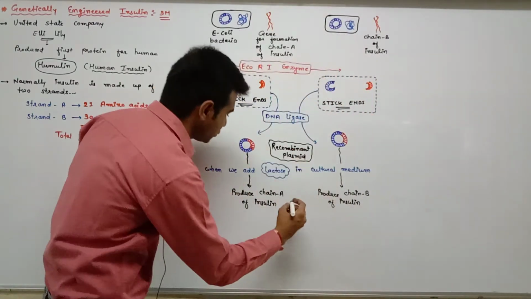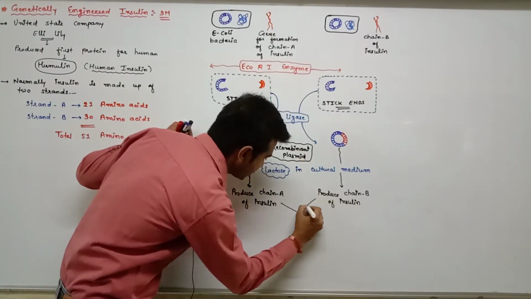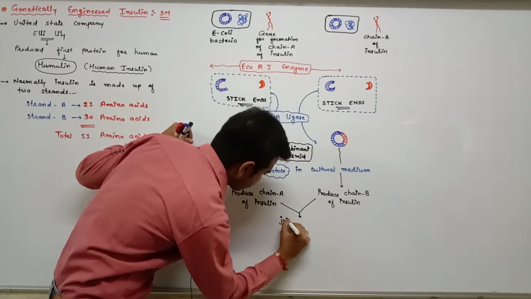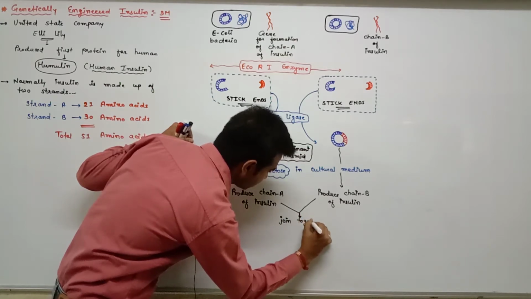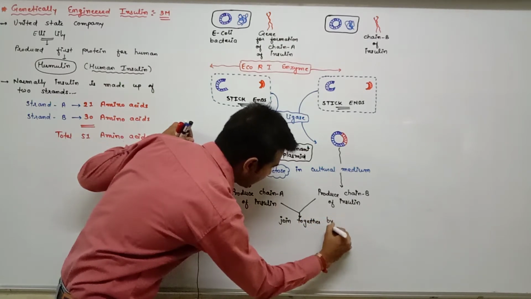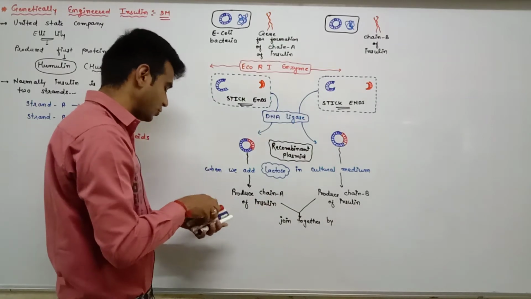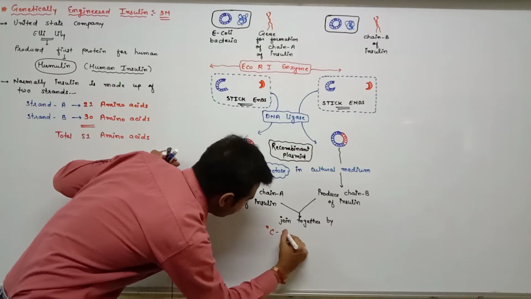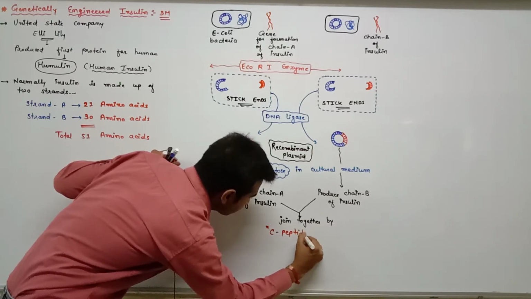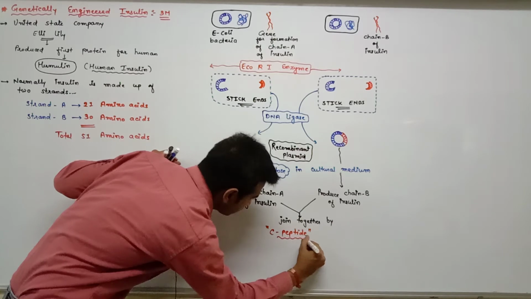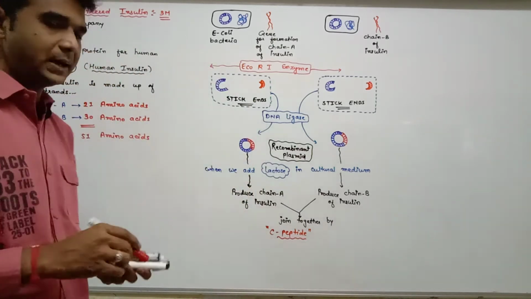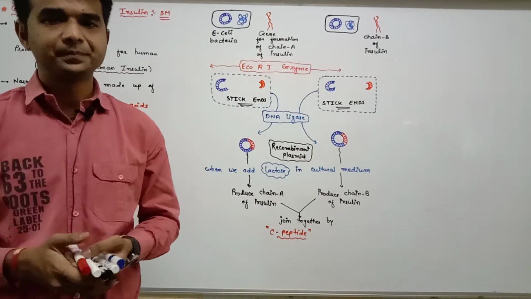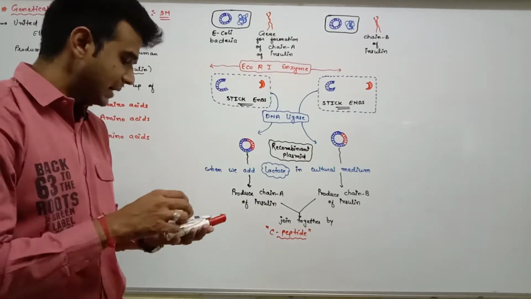Now we join these two chains together by the most important one, the C peptide. The two strands, chain A and chain B, are joined together by the C peptide.